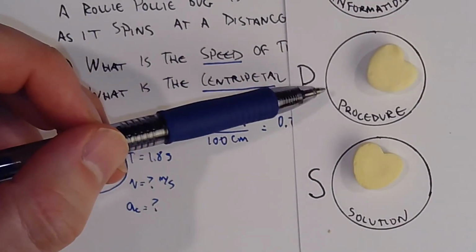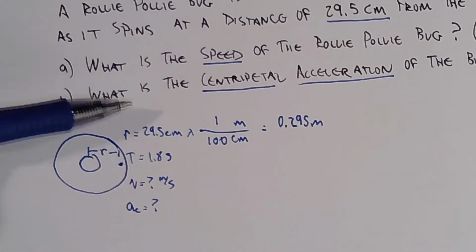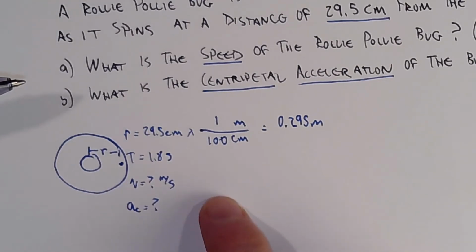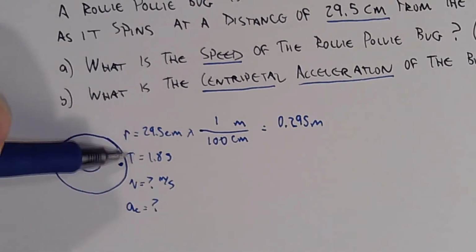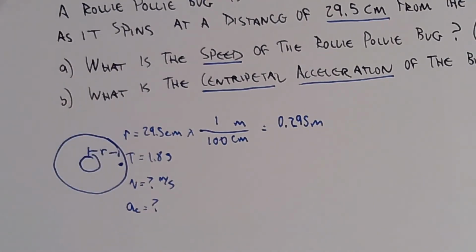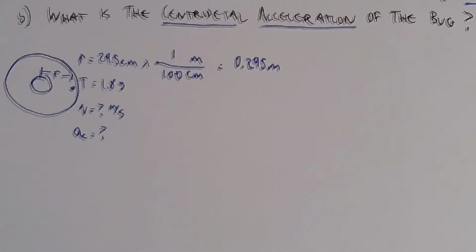So next up is our procedure. We link what we know to what we don't through equations. Now first we are interested in V. We want an equation that has V, T, and R in it all at the same time.